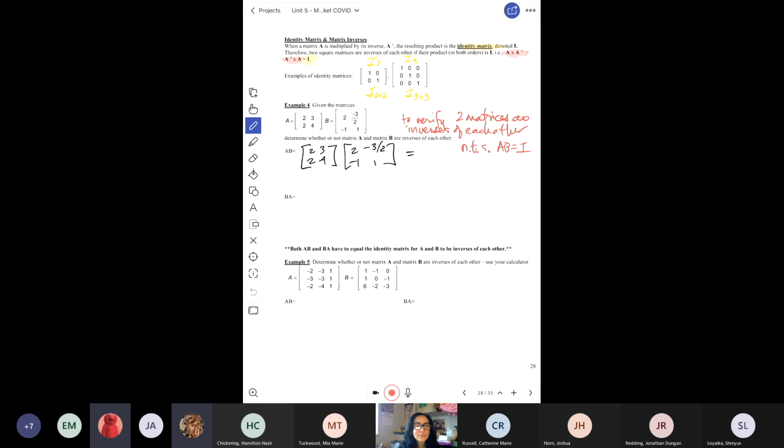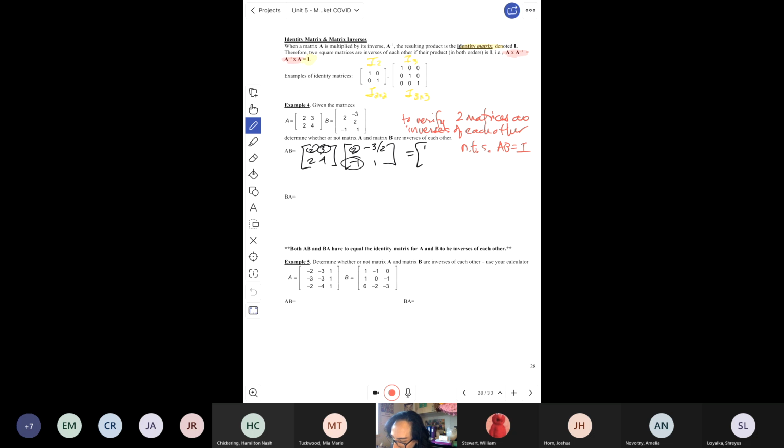So if I multiply these two matrices, what should I get if they're inverses of each other? 1, 0, 0, 1. And do I get that? Yes, you do. If you look at this, 2 times 2 is 4, 4 plus 3 times -1, that gives me 1.